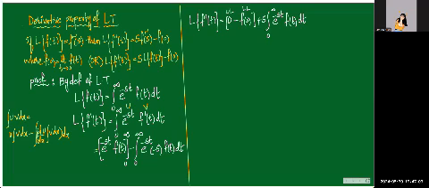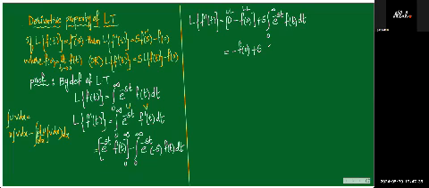No doubt, sir. I am not putting that f of 0 value is 0, I am keeping as it is. Okay, so this is equals to, first I will write minus f of 0 as it is, plus s also as it is. What is this value by definition?